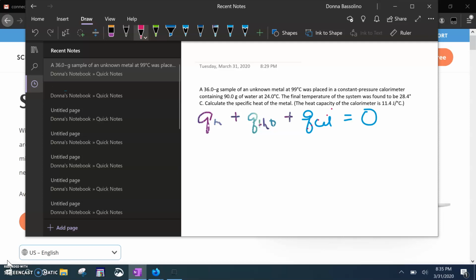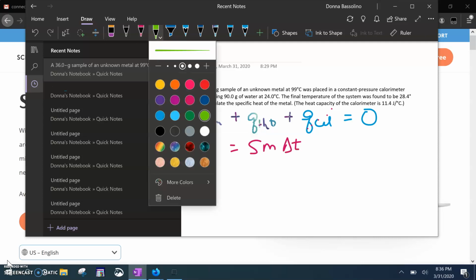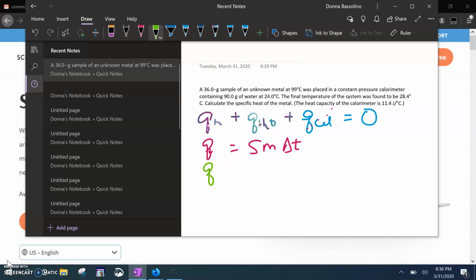So what you're going to do is set up this equation 3 times, once for each one. So you're going to have Q of the metal is equal to S M delta T. And Q of the water is equal to S M delta T of the water.